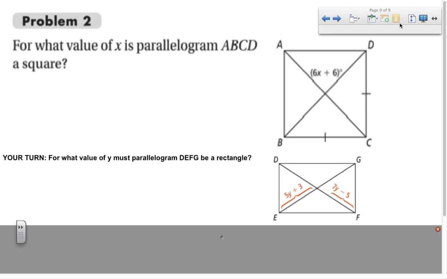All right, in problem 2, I'm being asked, what does x have to be in order for this parallelogram to be a square? And I only have this 6x plus 6 as a measurement in my diagram. Yes, Daria?